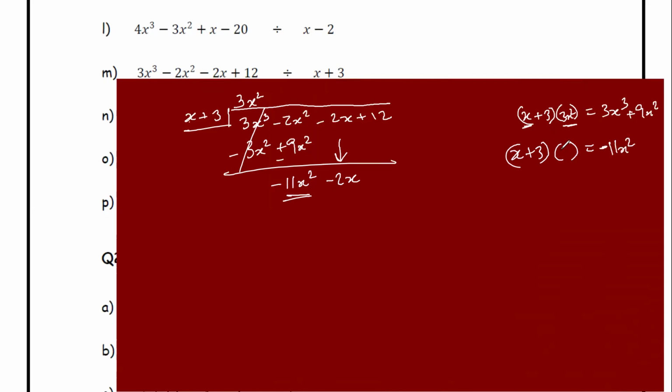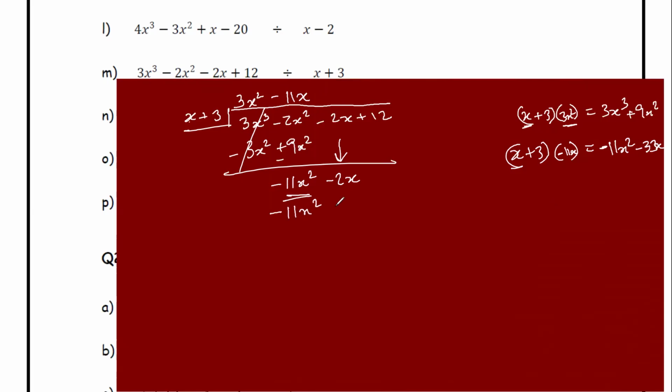So obviously it will be 11x and negative, right? It will be negative 11x. So x into negative 11x will give me negative 11x square, and plus 3 into negative 11x is negative 33x.